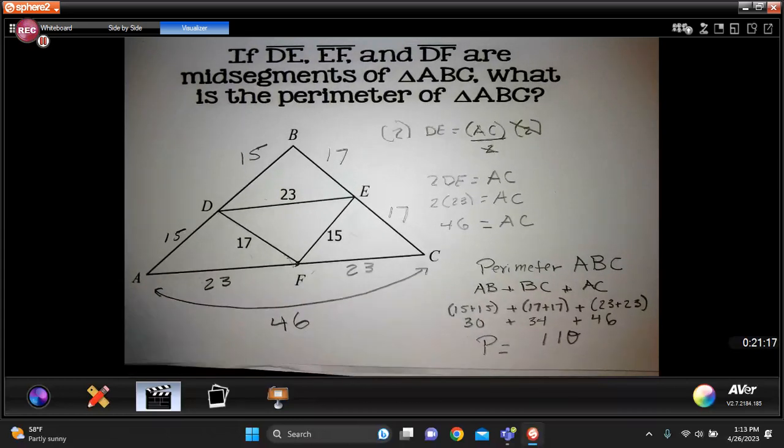Not a big equation here, just numbers. Just play around with the congruency of the figure and the mid-segment theorem in order to find all the missing sides, and then you add whatever you need at the end to find the perimeter of the whole thing.